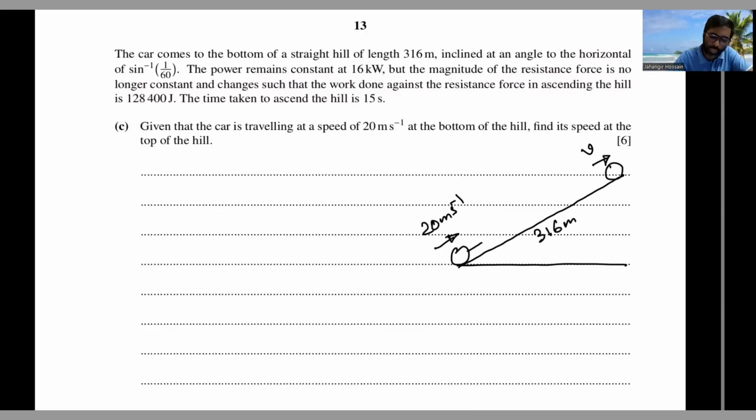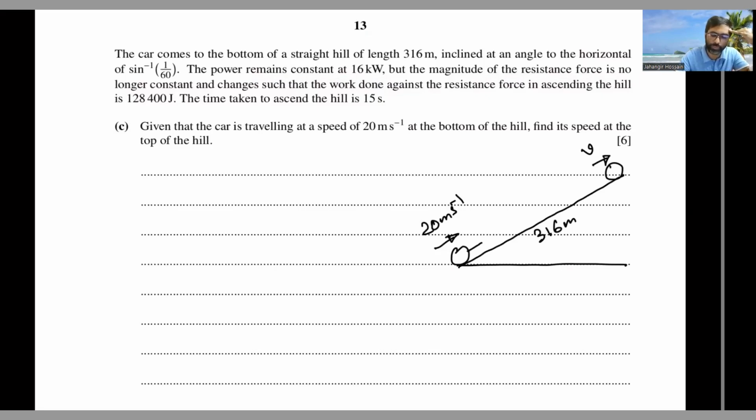Now, will this speed be more than 20 or not? We don't know, so you have to assume either it is more than 20 or less than 20. If you assume it is more than 20, then there is a gain in KE. If you assume it is less than 20, then there is a loss in KE. Whichever assumption you make, the answer will be correct.